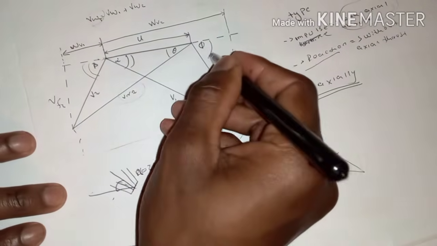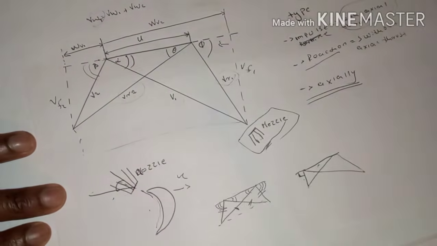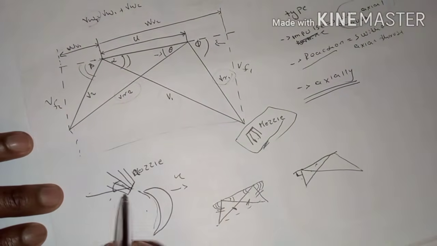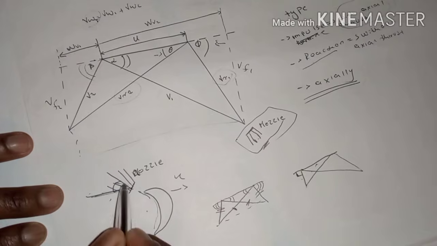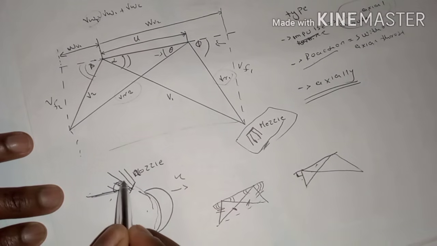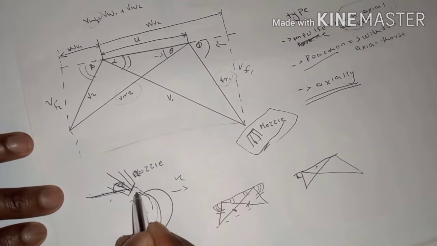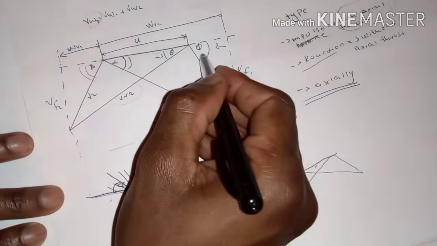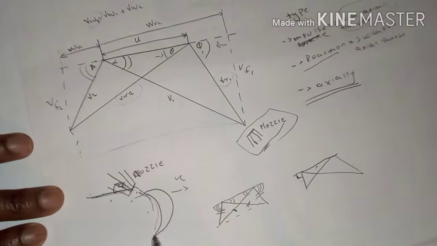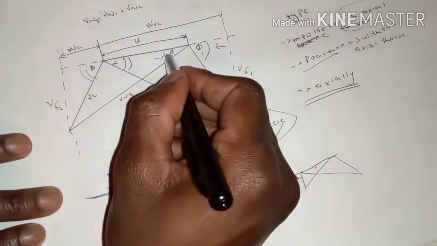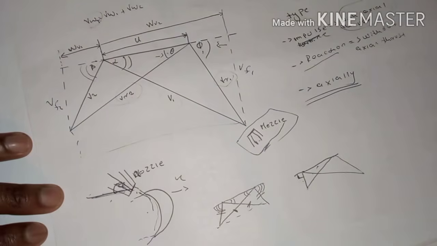So these two angles: this is the inlet angle of the blade, and this is the outlet angle of the blade. The steam will be entering the blade at a particular angle, yes, but the blade itself has its own angle, represented by this one. And at the outlet also, the blade has its own angle, represented by this theta.